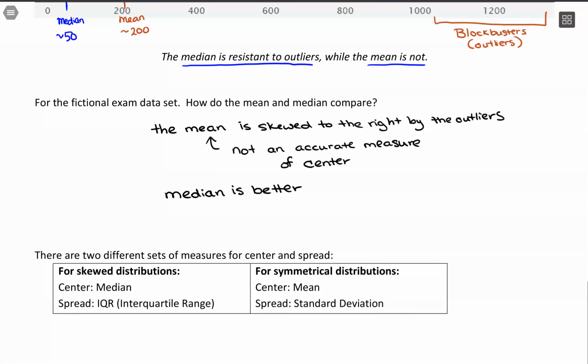But we end up with these two branches of how we want to describe center and spread based on the shape of the data, and mostly with the fact that if the data is skewed, then mean and standard deviation will be skewed and no longer become accurate measurements. But if they're symmetrical, then we can use those two values.